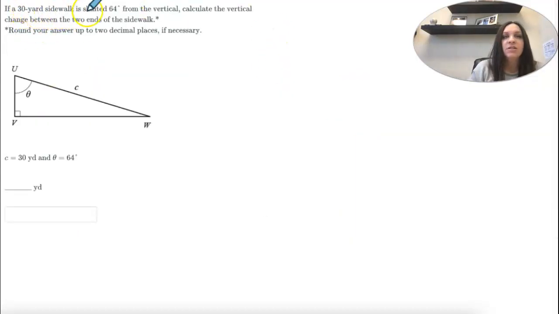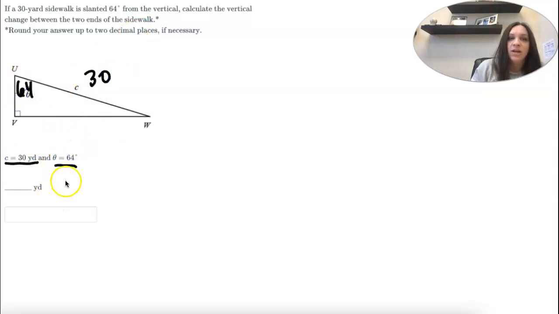If a 30-yard sidewalk is slanted 64 degrees from the vertical, calculate the vertical change between the two ends of the sidewalk. I'm going to read this time and go c equals 30 and theta 64. What are we trying to find? Well, this time it doesn't tell us. So, a 30-yard sidewalk, here's the sidewalk.